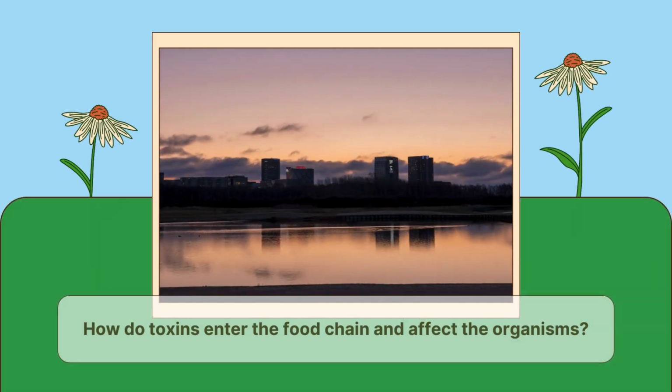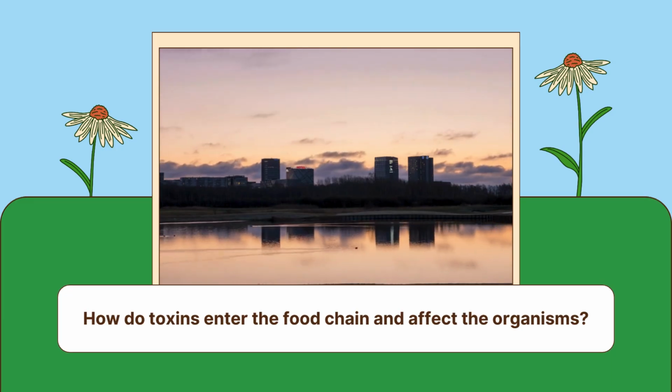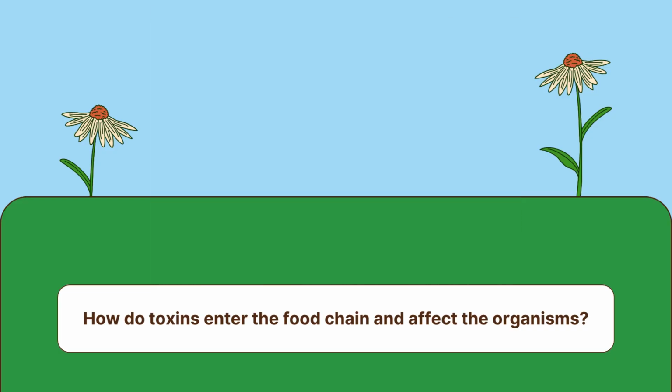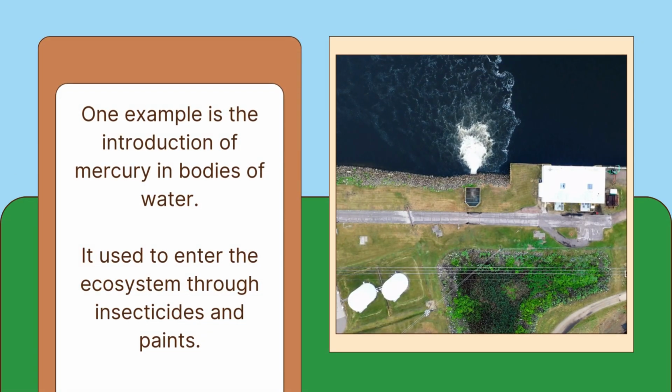How do toxins enter the food chain and affect the organisms? One example is the introduction of mercury in bodies of water.